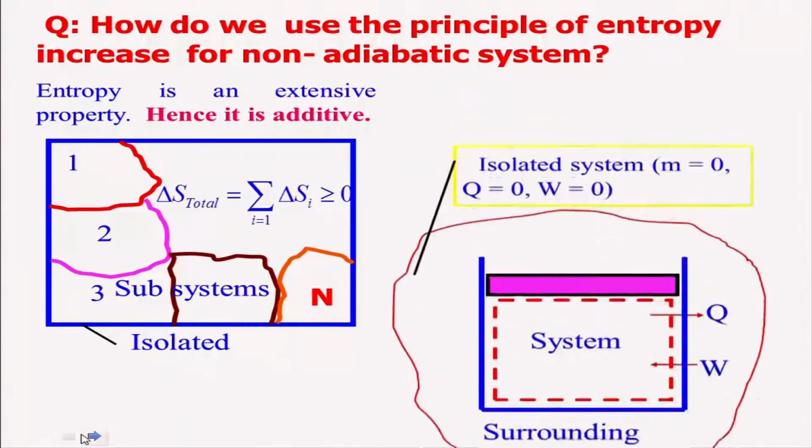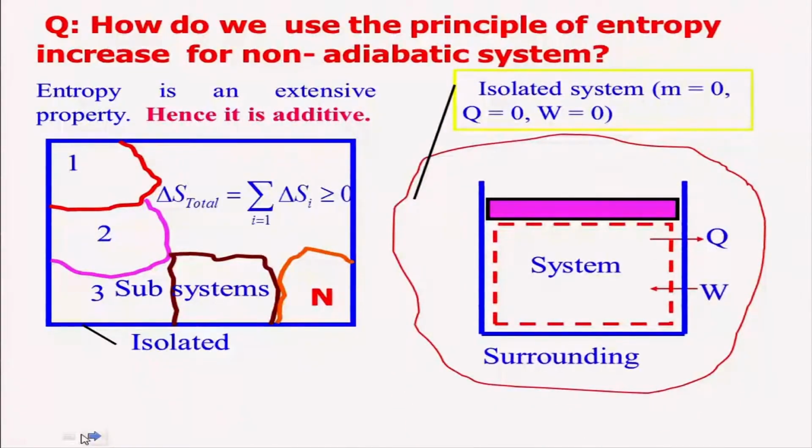Let us consider another example. There is a system which contains, let us say, some gas, and it is interacting with the surrounding, with both work and heat interaction taking place. And I want to find out the entropy change between the system and the surrounding, but I do not know what is happening.